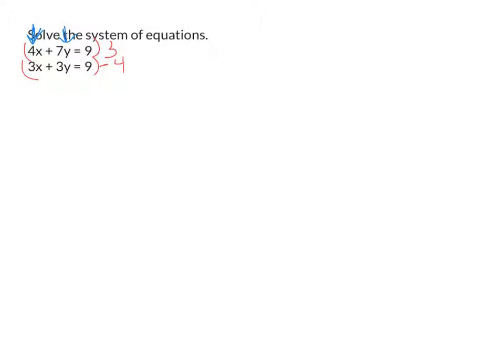And we'll do our distribution. So on top, 4x times 3 makes 12x, plus 7y times 3 makes 21y, equals 9 times 3 makes 27. On the bottom, 3x times negative 4 is a minus 12x. 3y times negative 4 is a minus 12y.